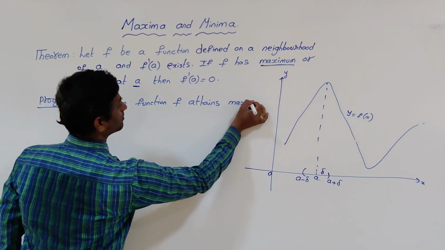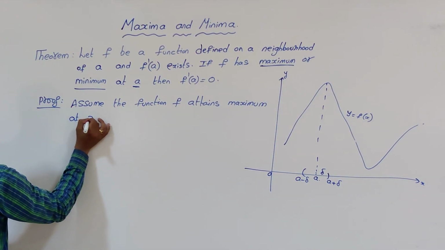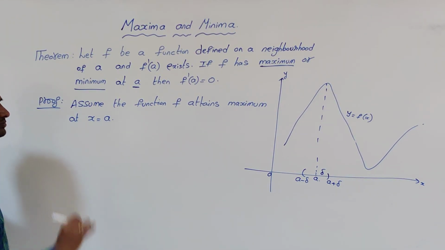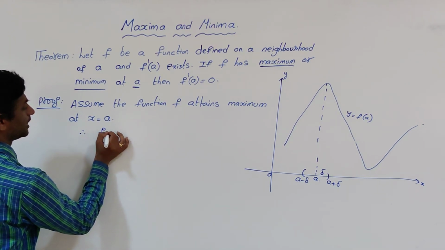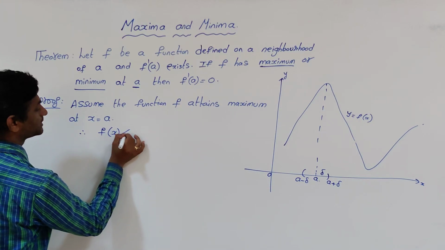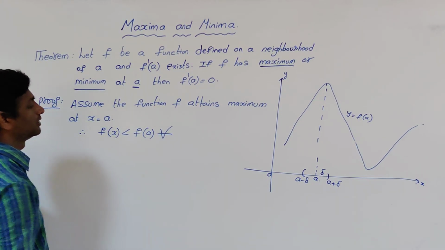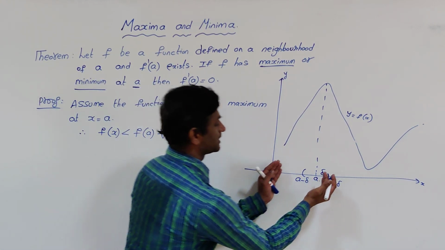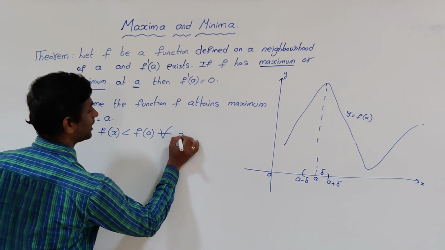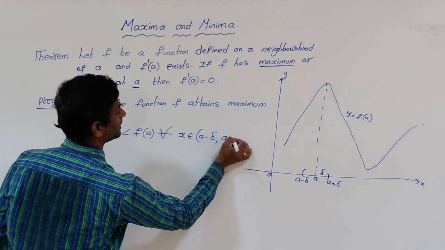So let us take a local maximum at x is equal to a. Therefore, what is our condition? f of x is less than or equal to f of a for all values which lie in this interval, for all x belongs to a minus delta comma a plus delta.